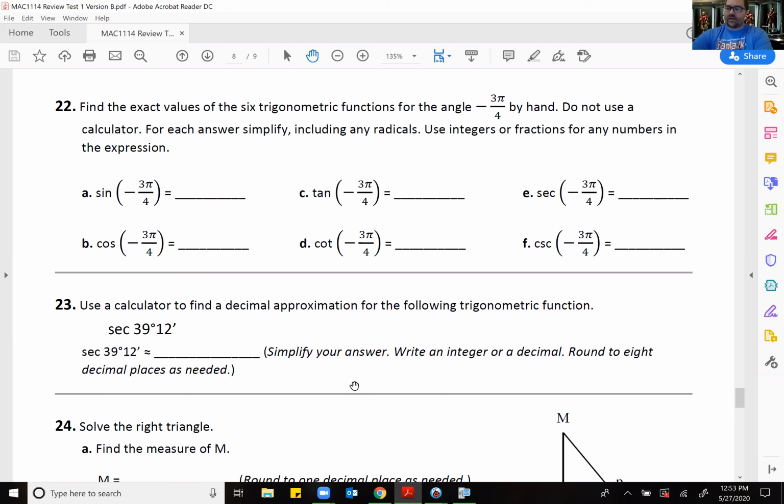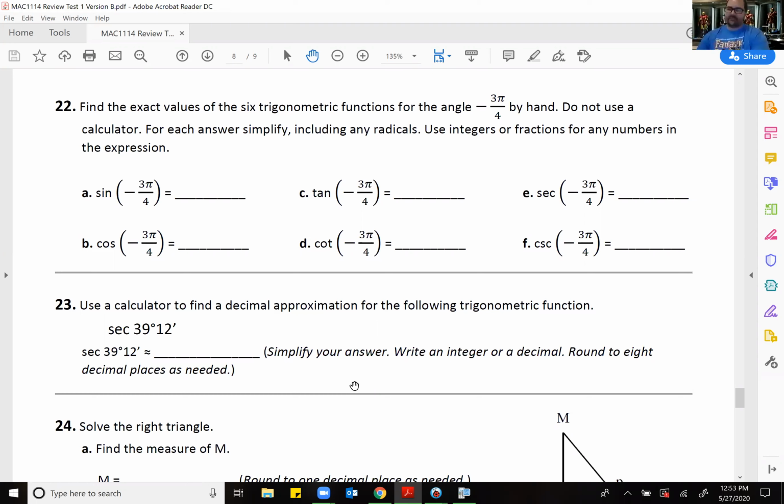Cosine of negative 3 pi over 4. Tangent, negative 3 pi over 4. Cosecant, negative 3 pi over 4. Secant, negative 3 pi over 4. And cotangent, negative 3 pi over 4.